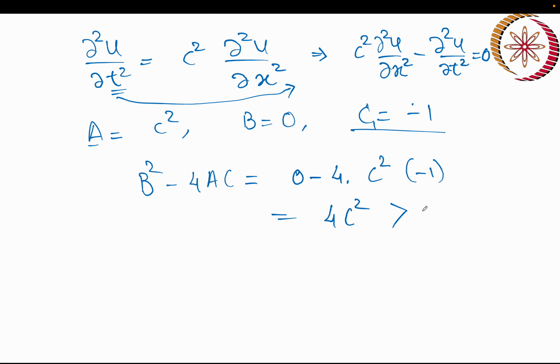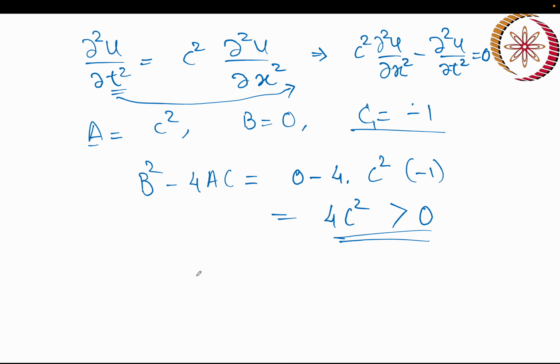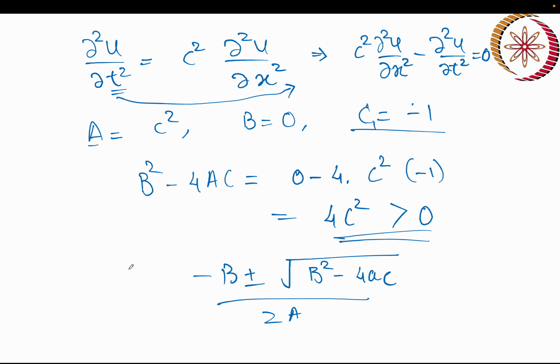You can see this is greater than 0, and if you go to the wave speed equation, minus b plus minus square root of b square minus 4ac divided by 2a, minus b is 0 plus minus the square root of 4c square divided by 2c square.